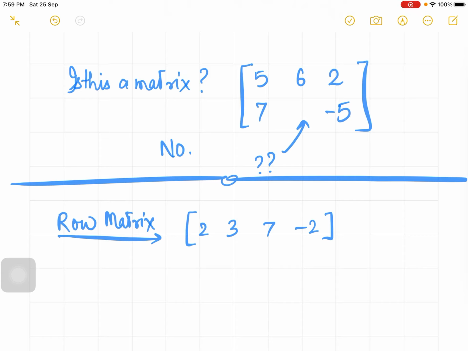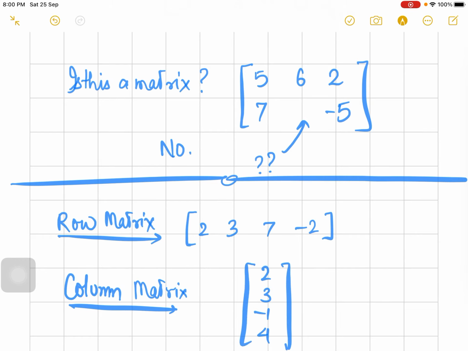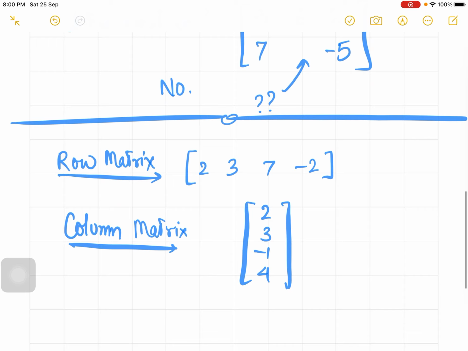We could have something called a column matrix also. If you have 2, 3, -1, 4, let's say, this one will be called a column matrix. You have a single column. If you had 2 columns, you're not at liberty of calling it a column matrix.